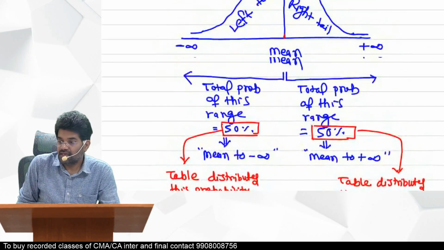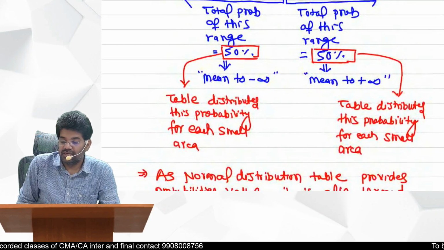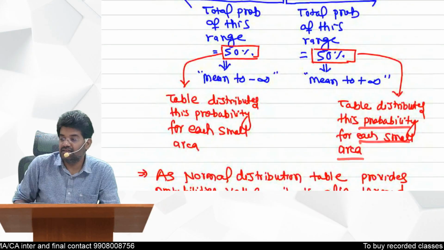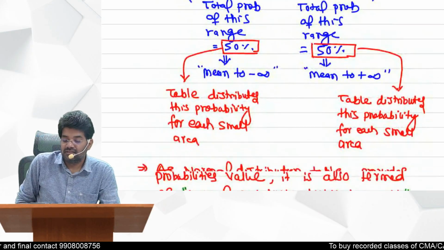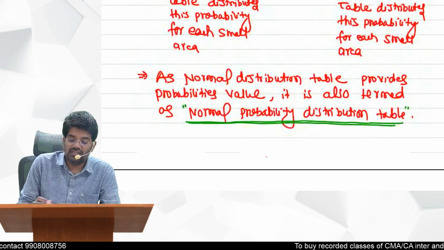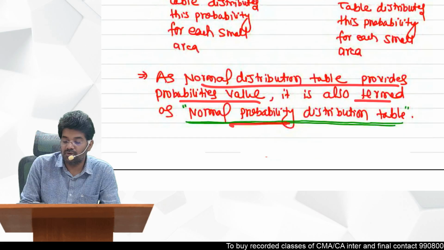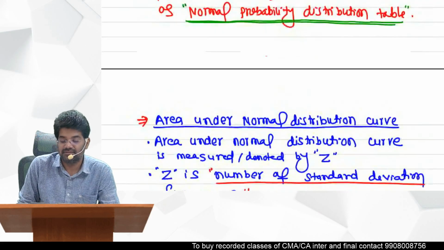The table distributes this probability for each small area. As the normal distribution table provides probability values, it is also termed the normal probability distribution table.